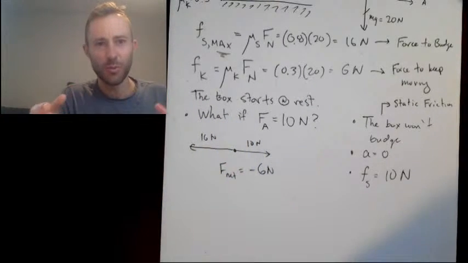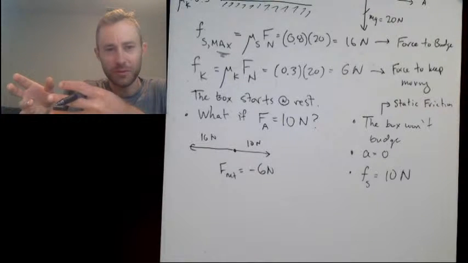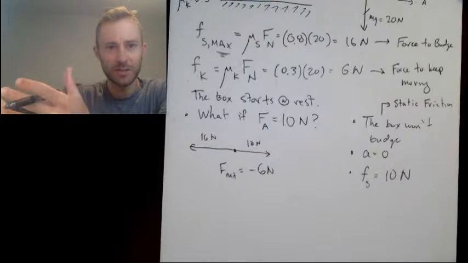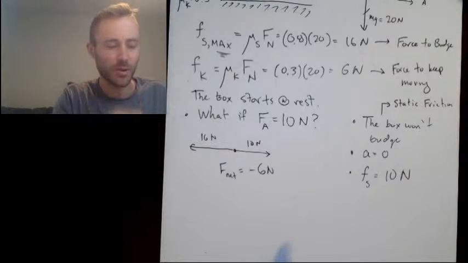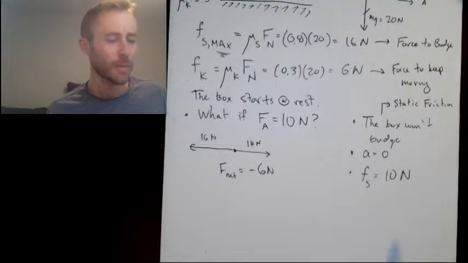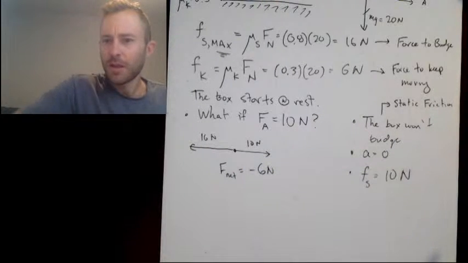So can you imagine a world where you pull on an object and you're not strong enough to move it, and so it accelerates away from you? That doesn't make any sense. Okay, that's kind of ridiculous. So the way static friction works is it matches you up to the maximum.